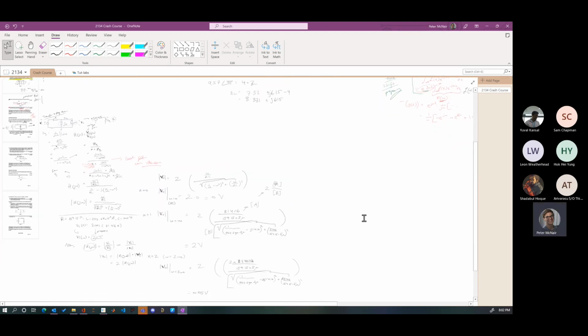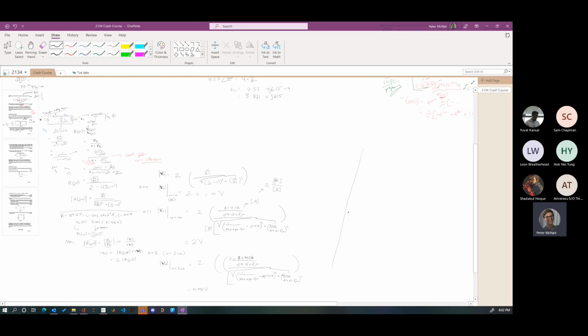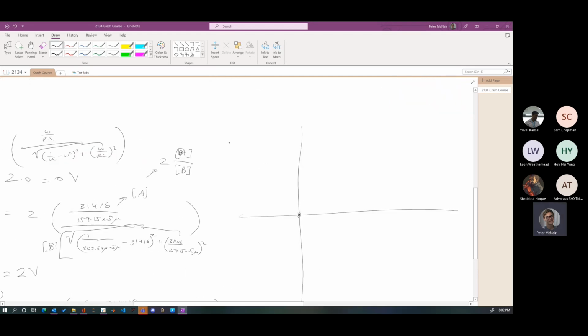Then if we sketch, essentially we're just going to have at omega equals 0, a 0 peak. At omega equals omega A, it's going to come up to 2 volts.